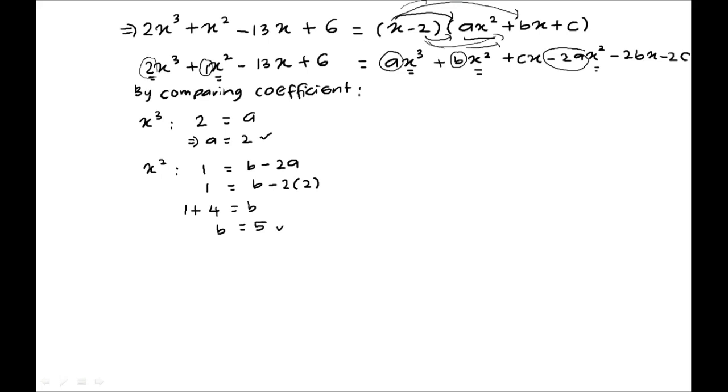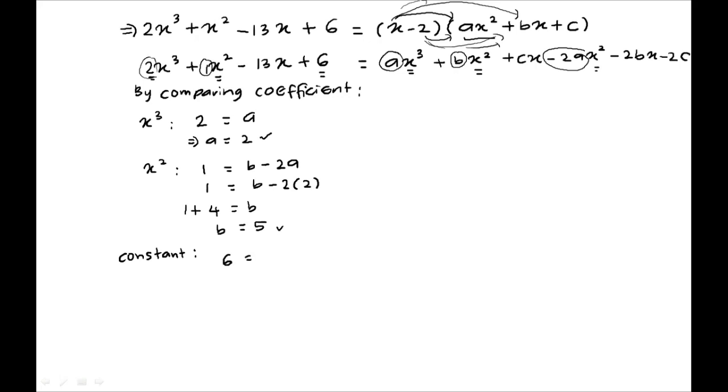So now we already have the value of b. And then we have two choices. We can compare the coefficient for x, or we can compare the constant. Both are okay, no problem. But for me, I want to compare the constant. The constant for the left hand side is 6.